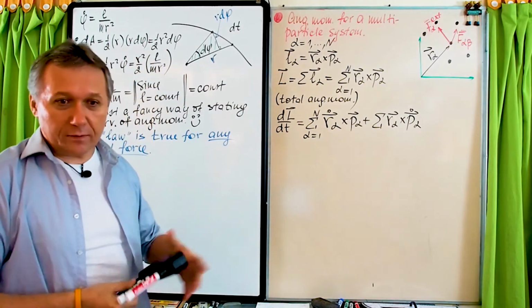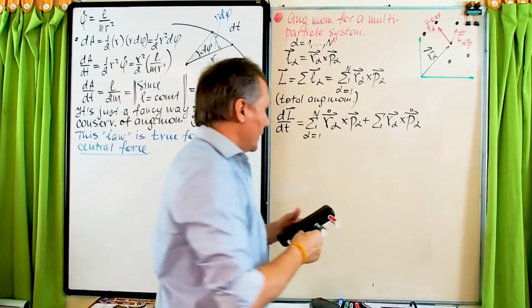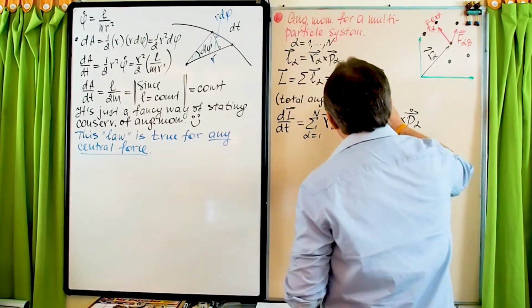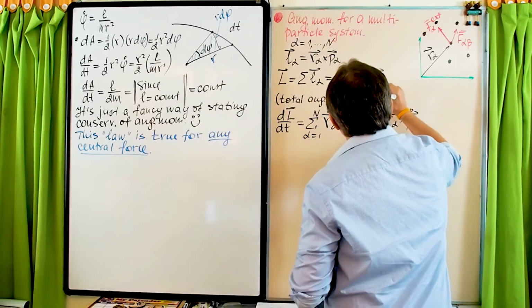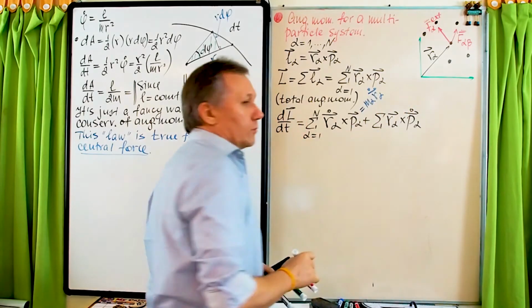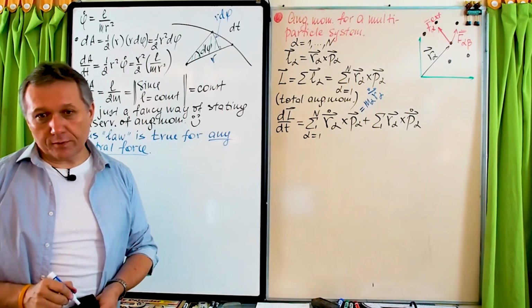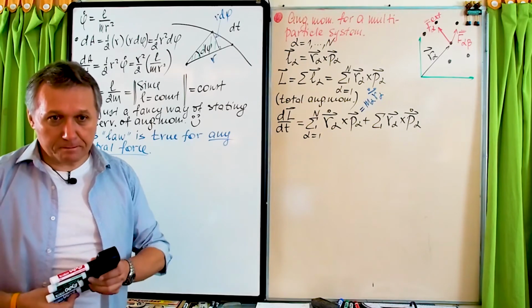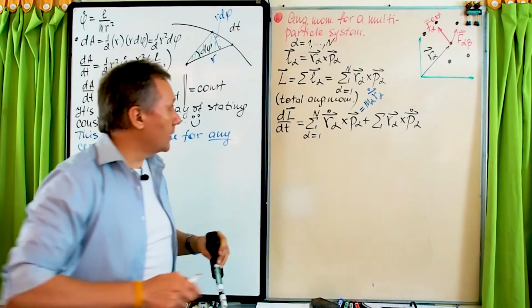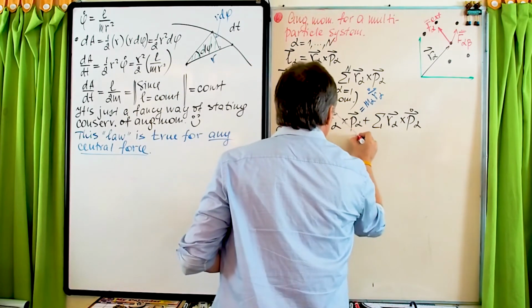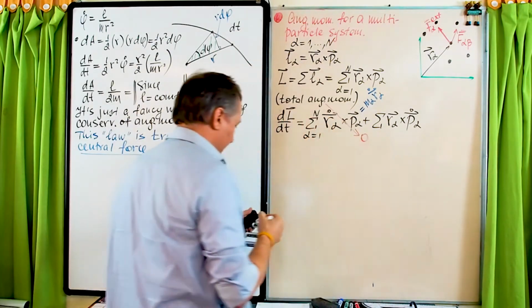Again, for a single particle, P alpha is M alpha R alpha dot. So it is a cross product of two vectors which are parallel to each other, the difference only in the factor, the mass. So of course this is 0.